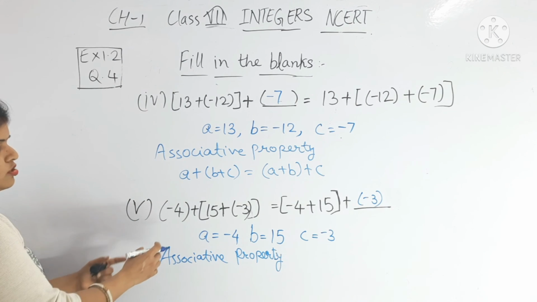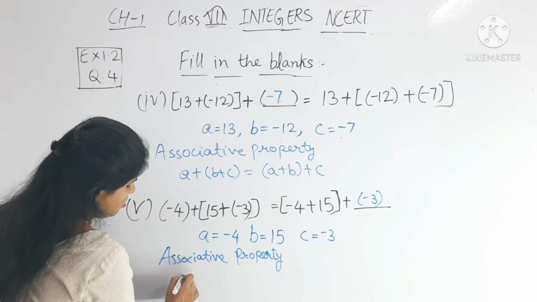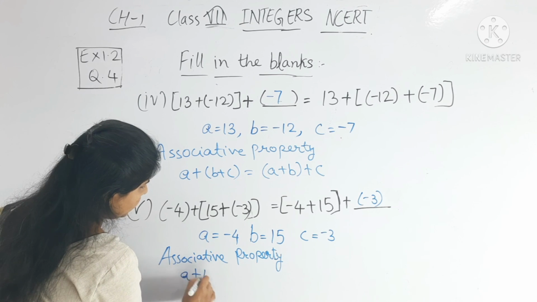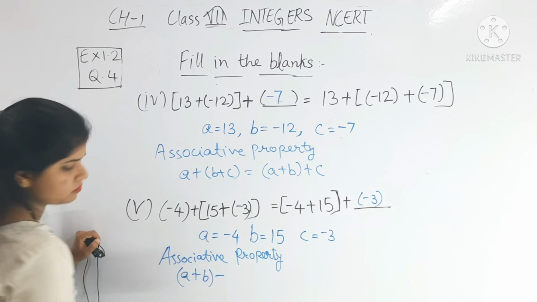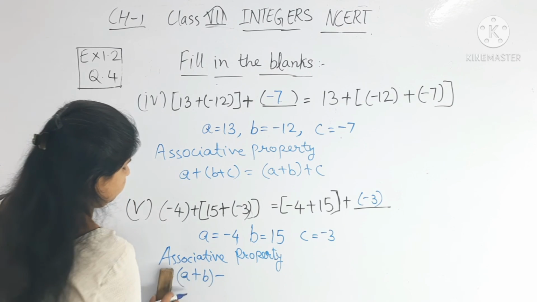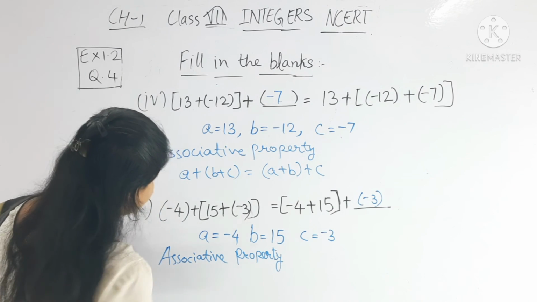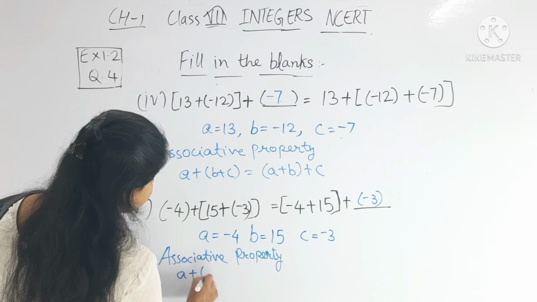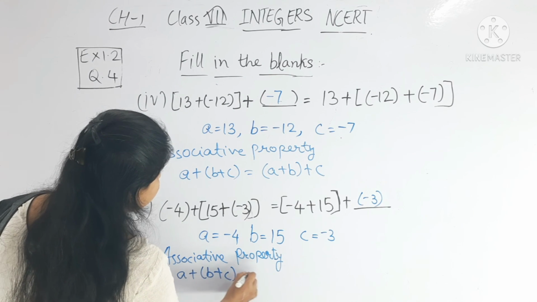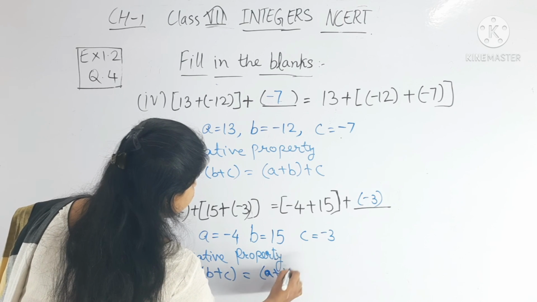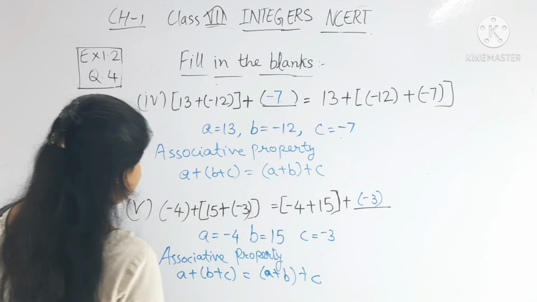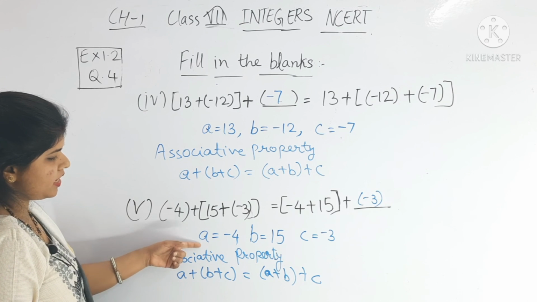By the associative property, A plus B plus C is equal to A plus B in the bracket plus C. The same, here A is minus 4.